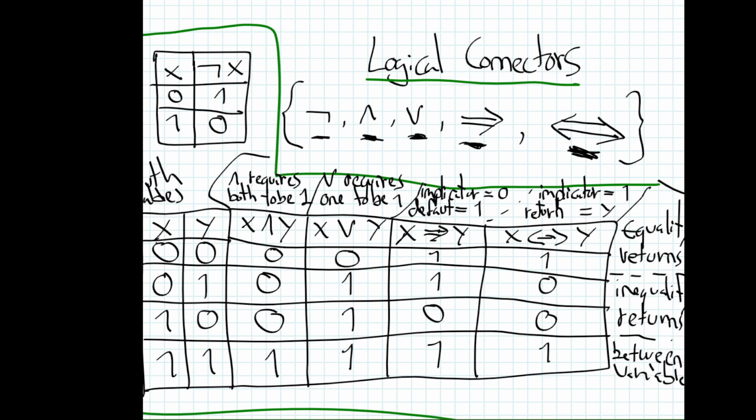Yeah, they're all truth tables. So right now, we can at least verify the outcome. Now let's move on to the proof.